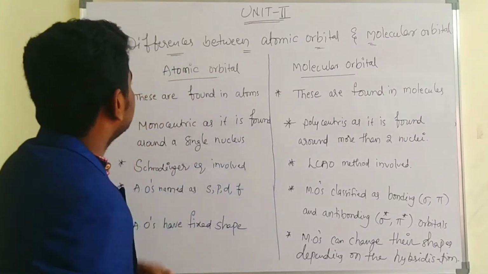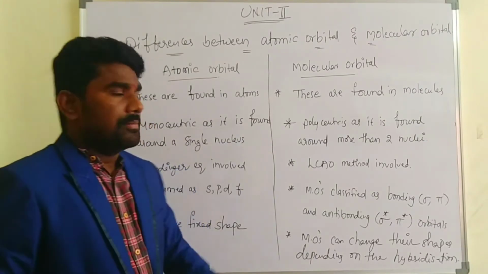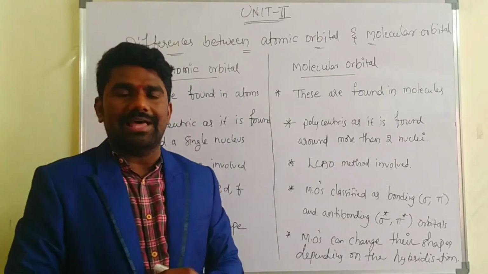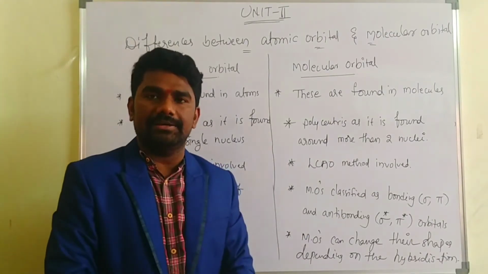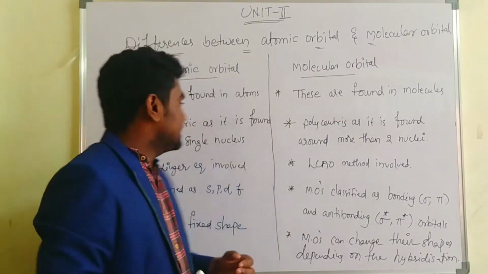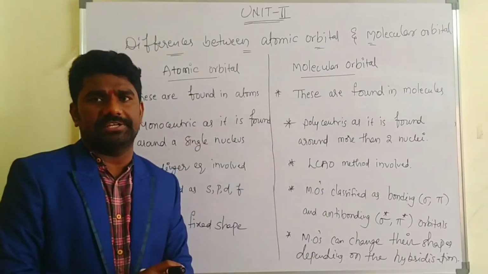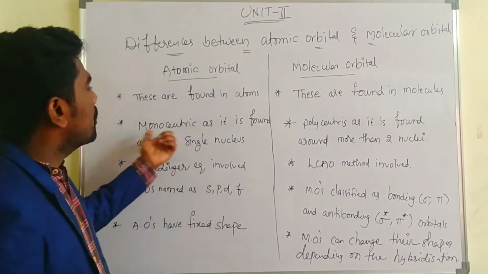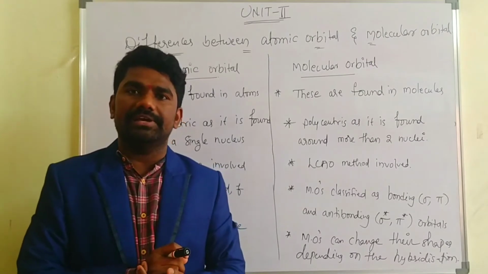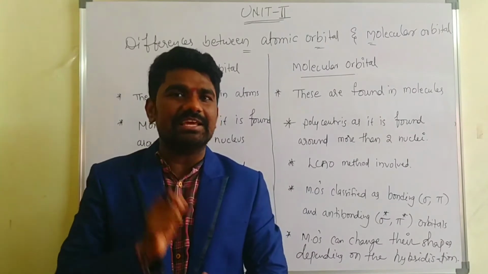In the first point, atomic orbitals are found in atoms, but molecular orbitals are found in molecules. The next point, atomic orbitals are monocentric, as they are found around a single nucleus.